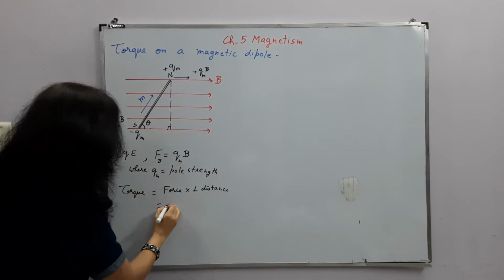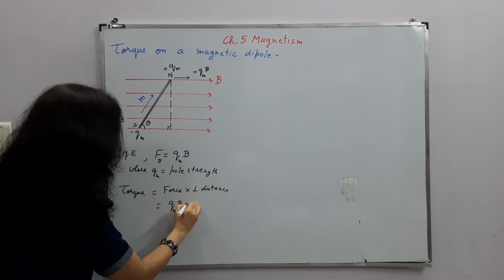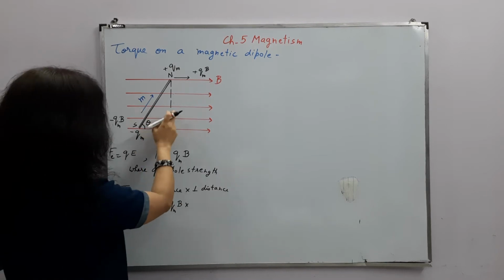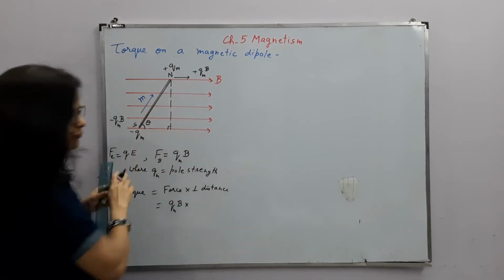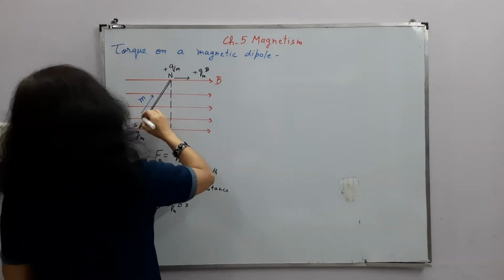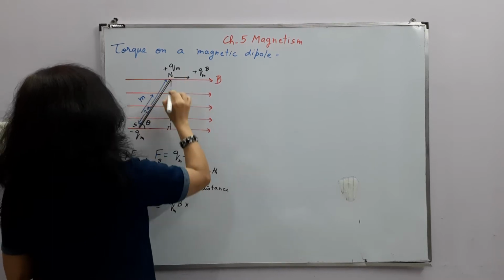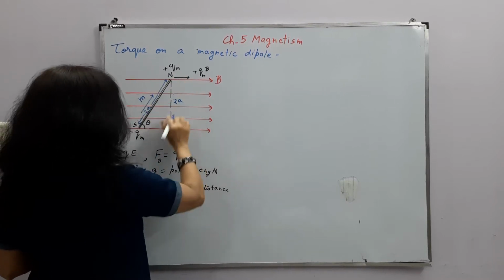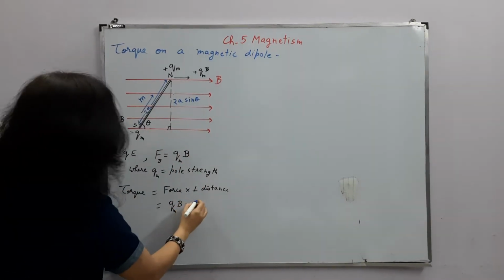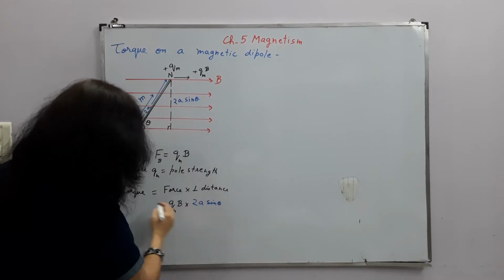So force is Qm into B, and the perpendicular distance is how much? Suppose the separation between the two poles is 2a. Then this perpendicular distance will be 2a sin theta, because sin theta is perpendicular upon hypotenuse.